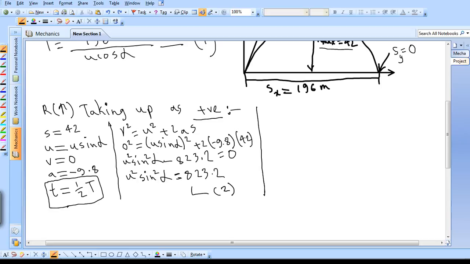This is true for all types of projectile-related problems. First, we need to resolve separately. Second, we need to find the values by using the Suvat format.